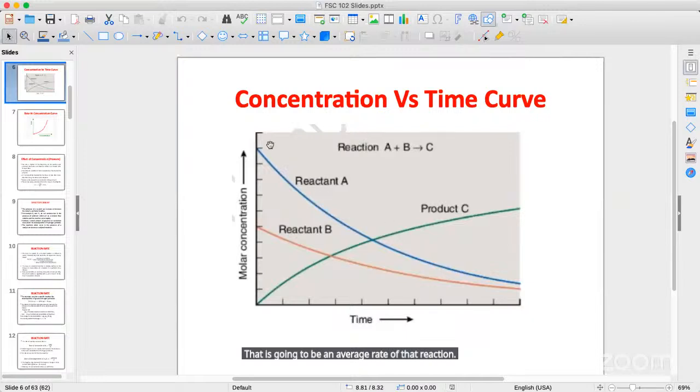Because on this curve, those rates are different. What you're going to get is just going to be an average rate of reaction.